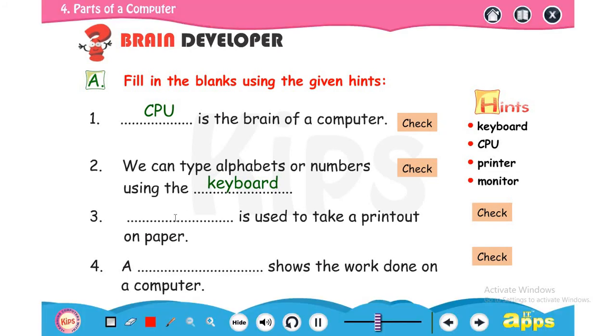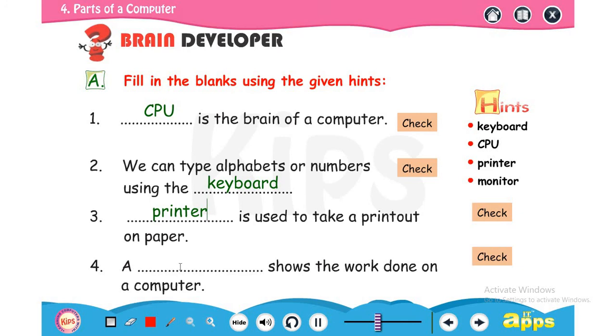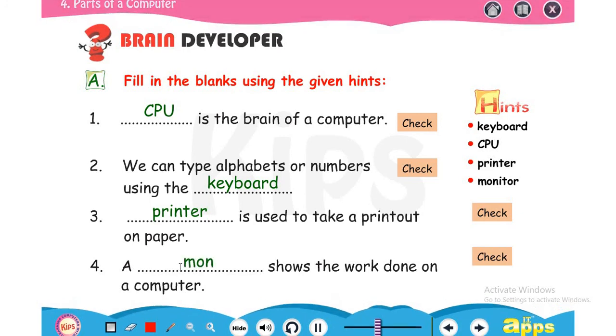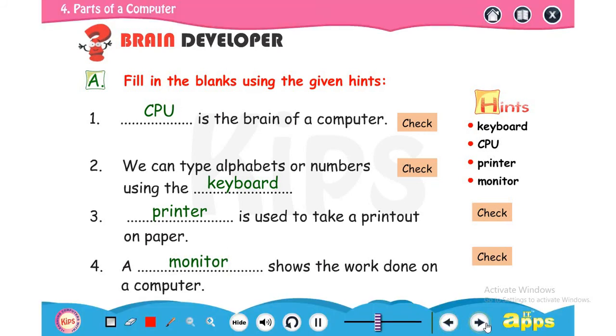Next, dash is used to take a printout on paper. So, printer. Just now I said hard copy. Hard copy means a paper. So, printer is used to take a printout on paper. A dash shows the work done on a computer. Yes, monitor, because it looks like a television and it shows all the work done by us.